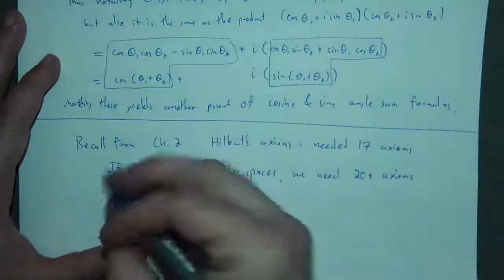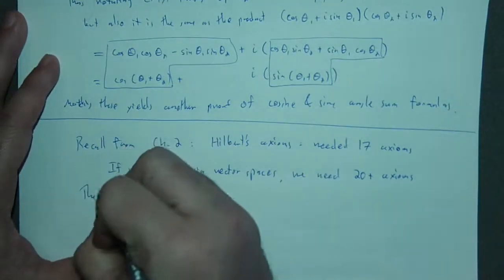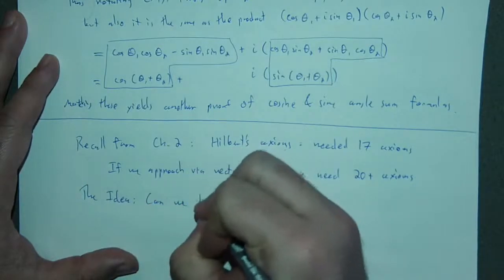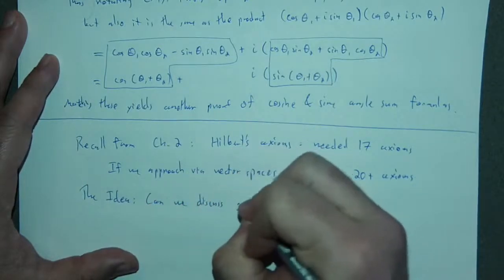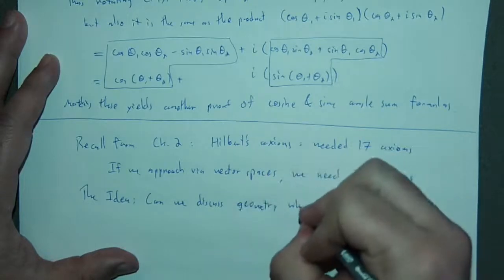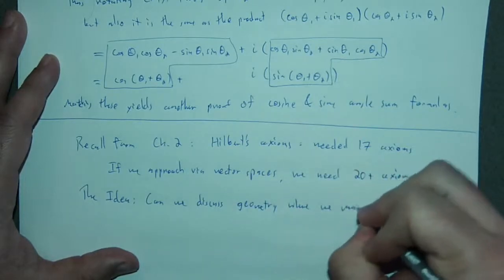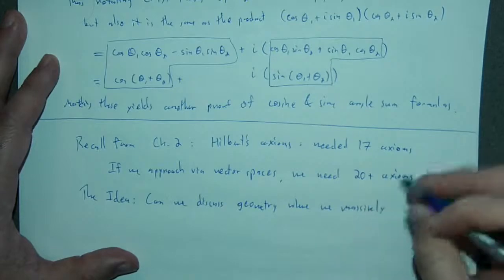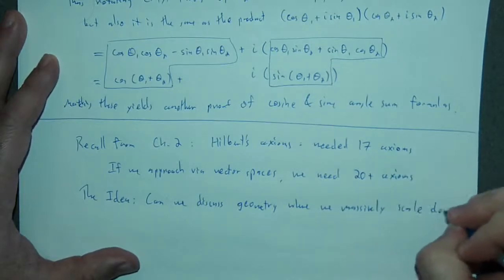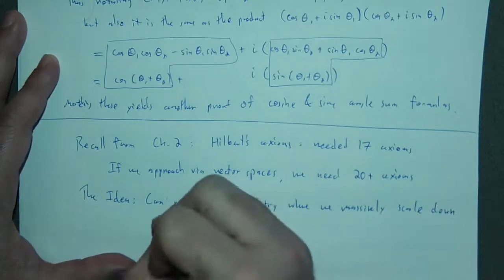So the idea is, can we discuss geometry where we massively scale back the number of axioms? So massively scale down the number of axioms.